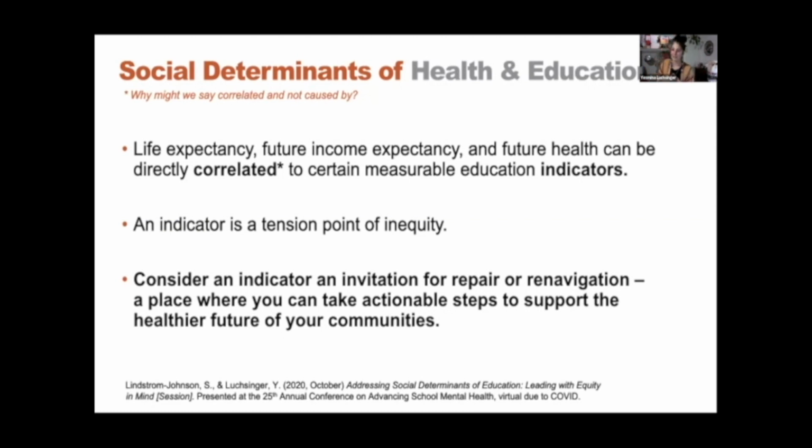And where the CLAS standards overlap is a tension point of inequity, where you as school mental health professionals or educators can jump in and help re-navigate or get things back on course for more positive outcomes. We have a couple of resources that will be shared with you after today to dig in with demographic data that's specific to your state.